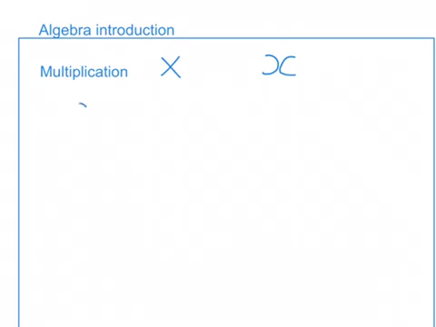So ab actually means a multiplied by b. We wouldn't write a times b, we would just write ab. So if you see ab or two terms written next to each other, that does mean that those two terms are multiplied together.